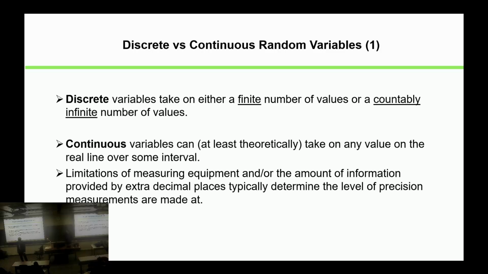So if we measure somebody's height, maybe there's a certain precision to how closely we can measure their height, but is there any real point of knowing their height to 56 decimal places? Probably not, right?